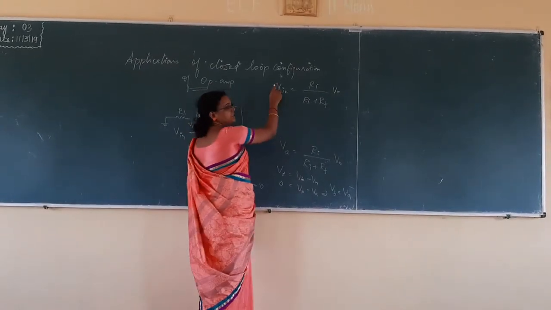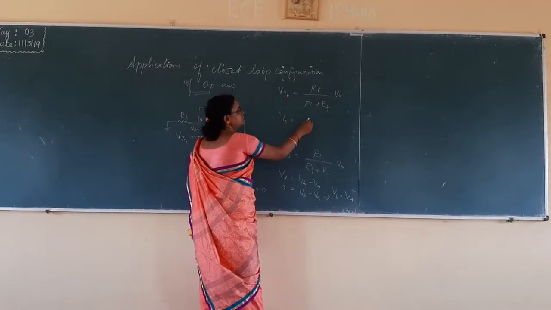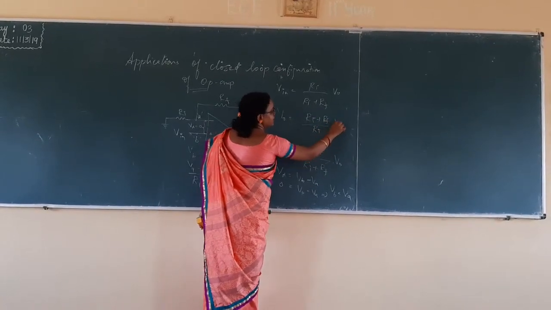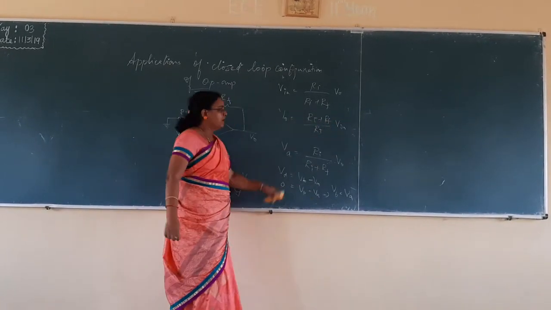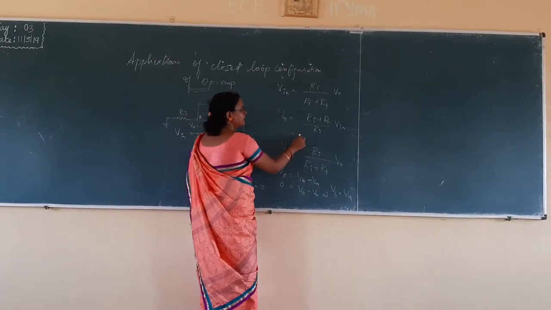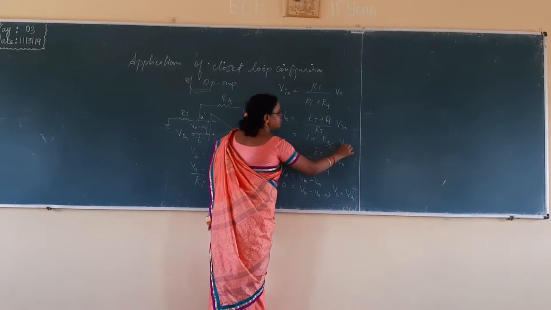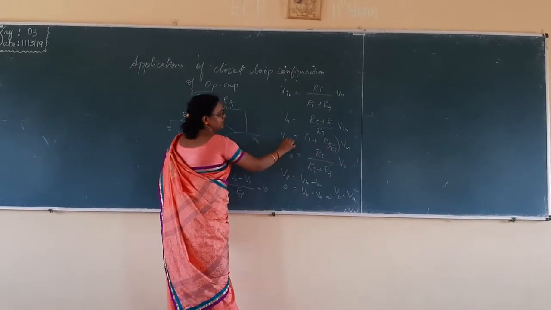Thereby cross multiplying the terms, V0 is equal to (Ri plus Rf) divided by Ri into Vin. Now dividing these values, we get that (1 plus Rf divided by Ri) into Vin is our V0.